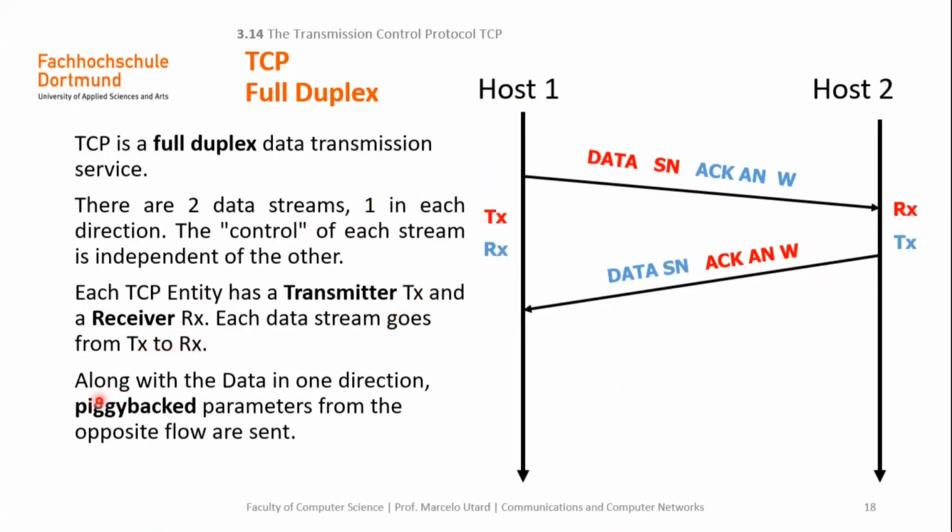Remember that. Along with the data in one direction, parameters from the opposite flow are piggybacked. Then remember, piggybacked with the data of the flow from host 2 to host 1, we send the parameters, for instance, of error control, sequence control, etc., that are used by the data flow from host 1 to host 2.